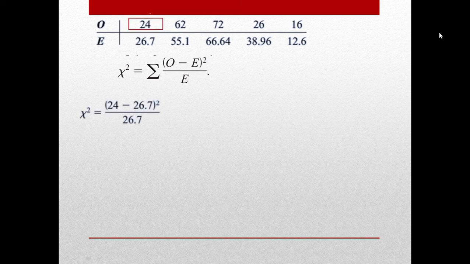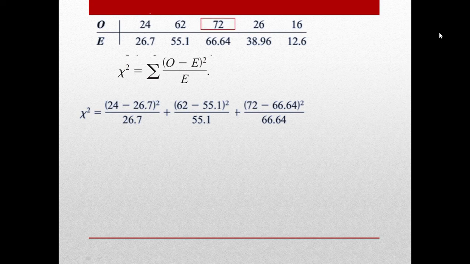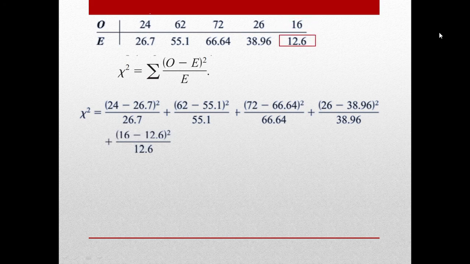So chi-squared is equal to 24 minus 26.7 squared all over 26.7, plus 62 minus 55.1 squared all over 55.1, plus 72 minus 66.64 squared all over 66.64, plus 26 minus 38.96 squared all over 38.96, plus 16 minus 12.6 squared all over 12.6.